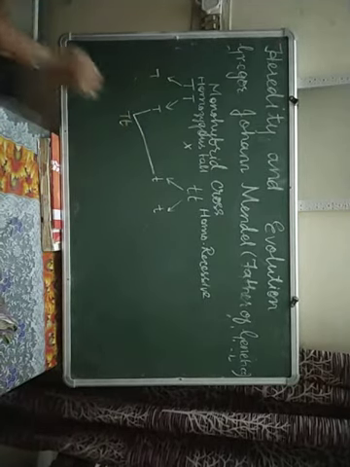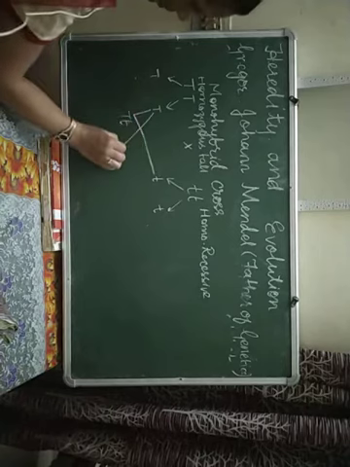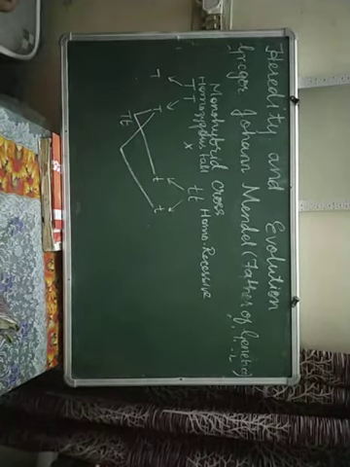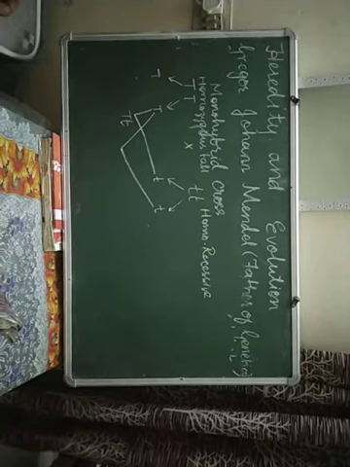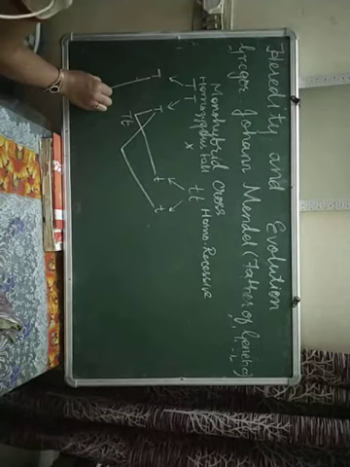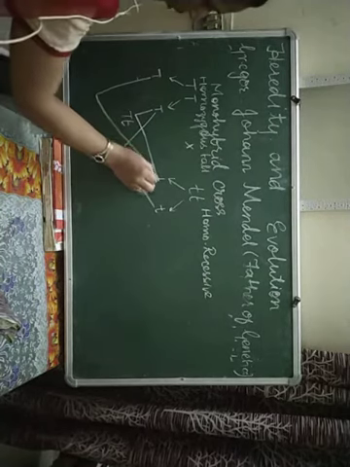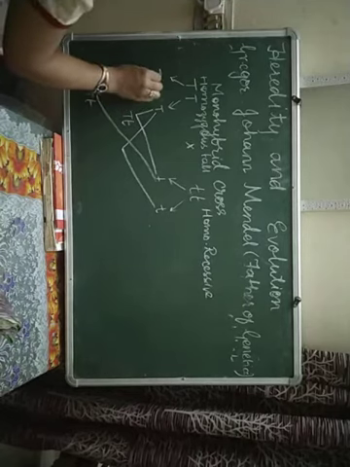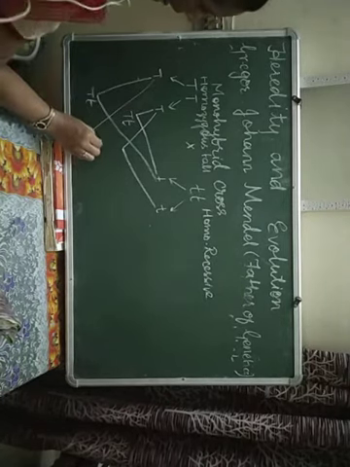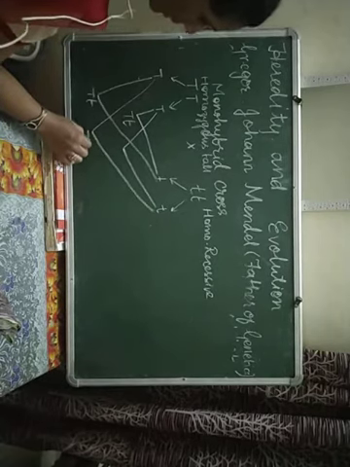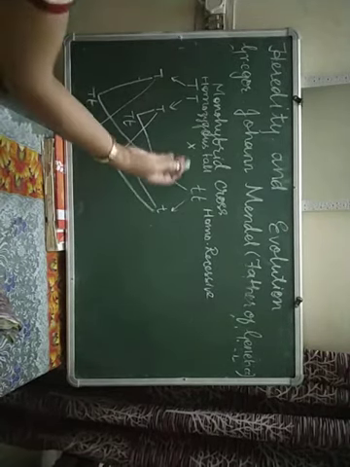This T can fuse with the other T also, and this capital T can also fuse with this small t. That means they can combine with any of the gametes, or any of the contrasting pair.